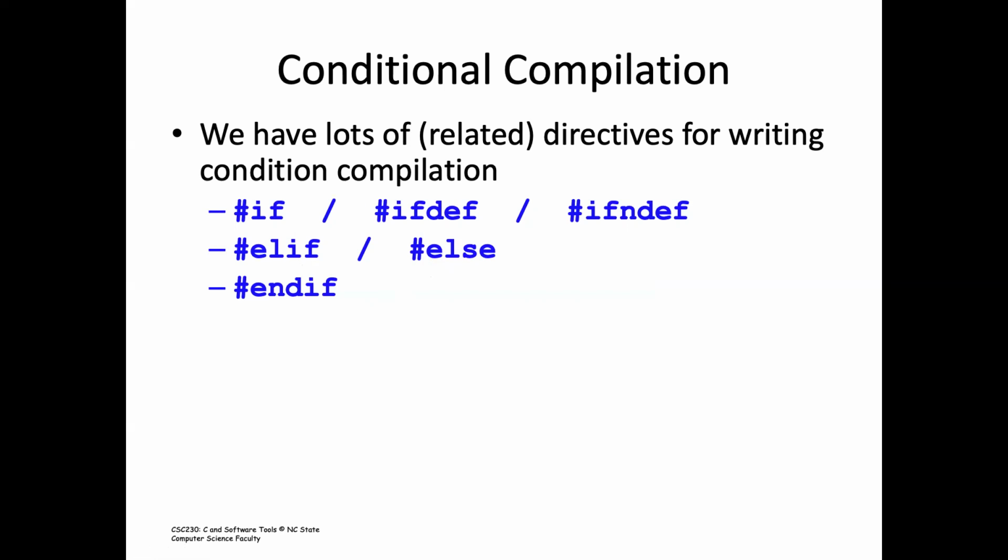And we'll see in a moment that asking whether or not a particular preprocessor symbol is defined is such a common thing that there are shortcut directives made to do that. We'll start out with just if, else, and endif, and then we'll introduce these two in just a moment.